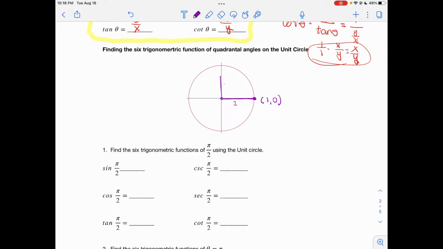And then if I wanted to do 90 degrees, my x is 0, my y is now 1. If I wanted to do 180 degrees, my x is now negative 1, my y is 0.